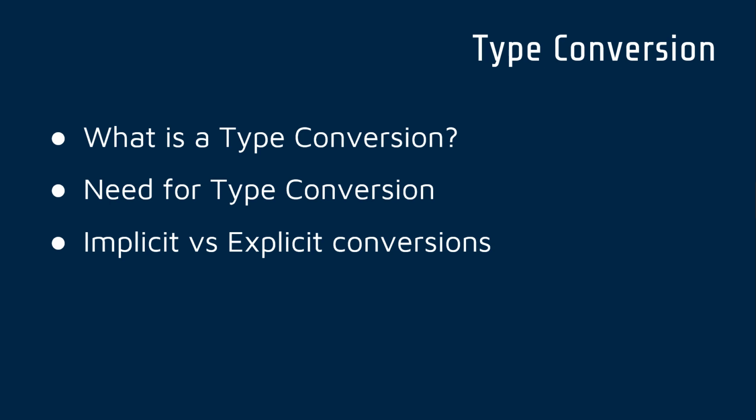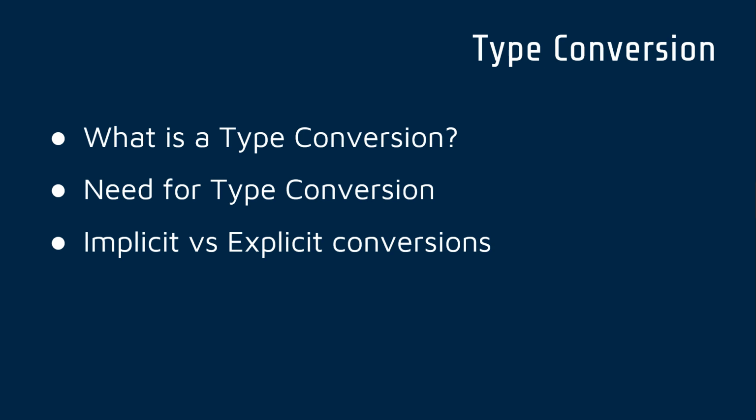For example, in explicit conversion, let's say I have a variable a with a value of 5 and I want a to be of string format. Then I cannot do this implicitly. I have to go for explicit type conversion.